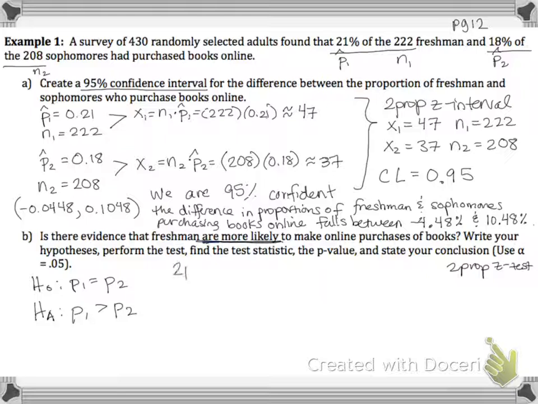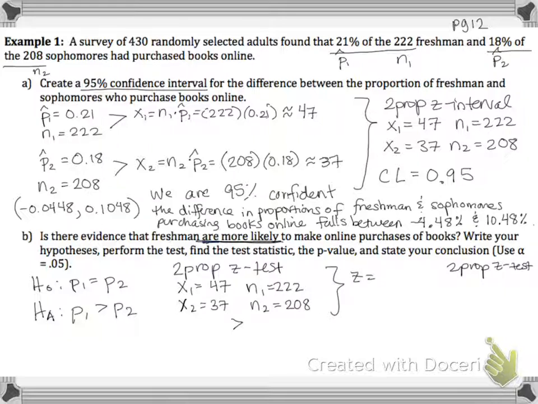All right, so go ahead to your calculator. We're going to do a 2-prop z-test. X1 is 47, N1 is 222, X2 is 37, N2 is 208. This is a test on groups, so we don't need a hypothesized value. We just give it the direction. And then out of our calculator, we get z equals, and z is pretty small, 0.8842.